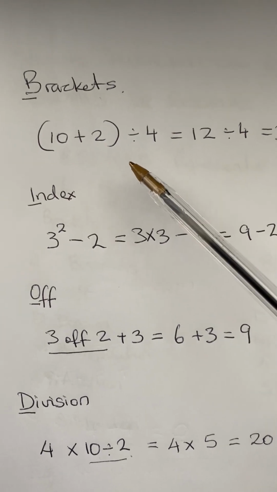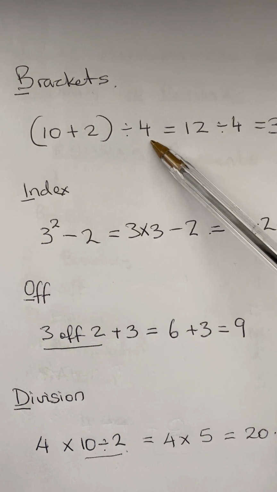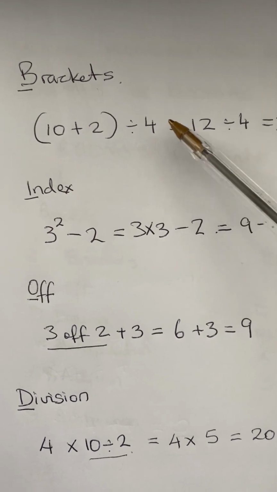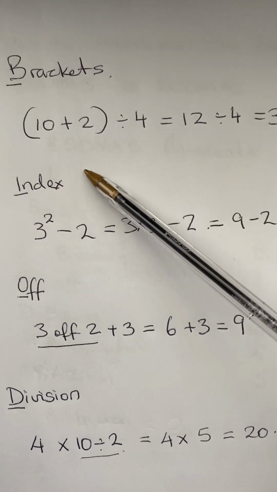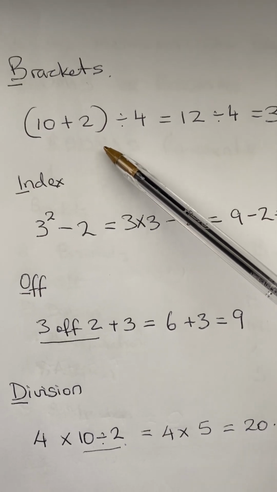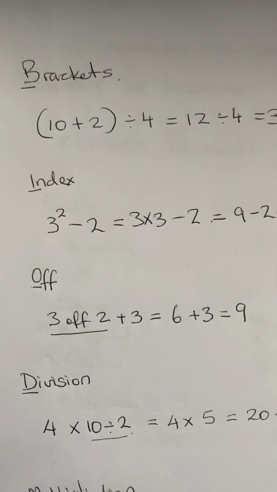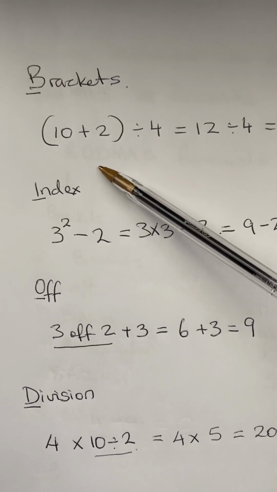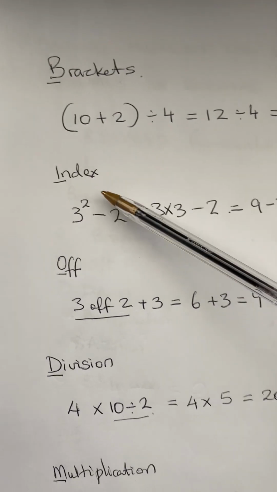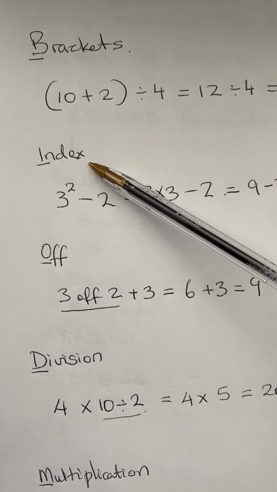Assuming there was no bracket, then you might have to do the division part first before you do the addition, but the bracket tells you which one to do first, and it has the highest precedence. Now if you look at BIDMAS, the next one is indices.